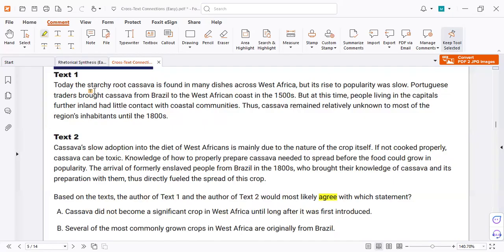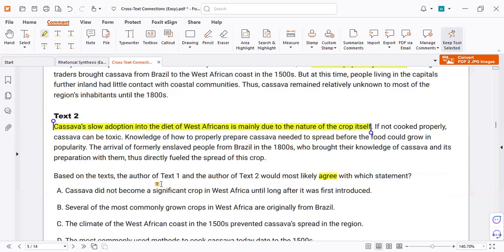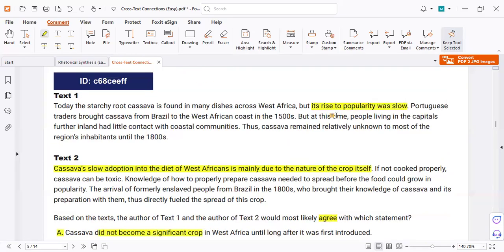Today, the starch root cassava is found in many dishes across West Africa, but its rise to popularity was slow. Look here, cassava's slow adoption into the diet is mainly due to the nature, he mentioned. That's mentioned for letter A. It didn't become a significant crop because it was slow.